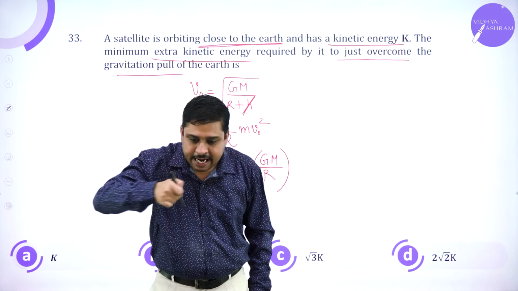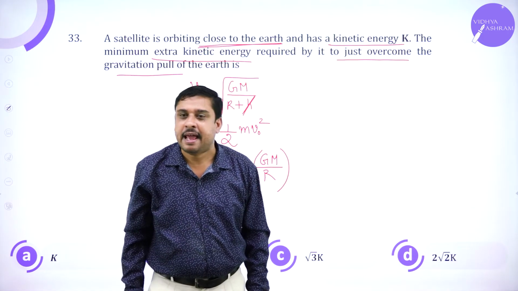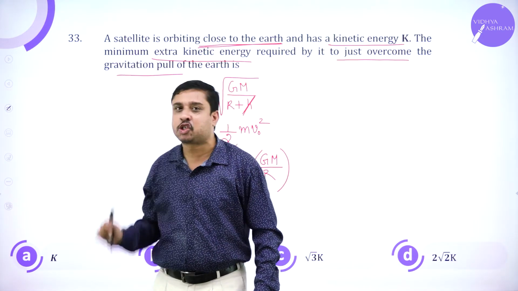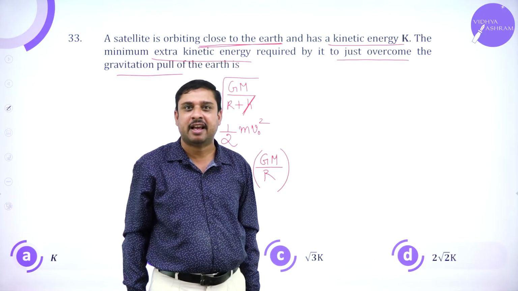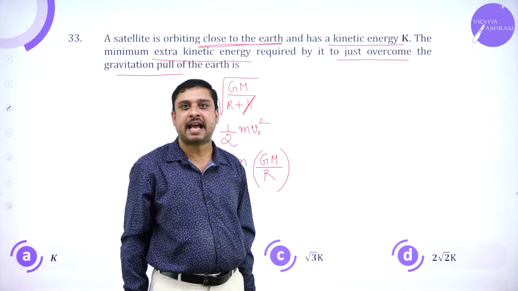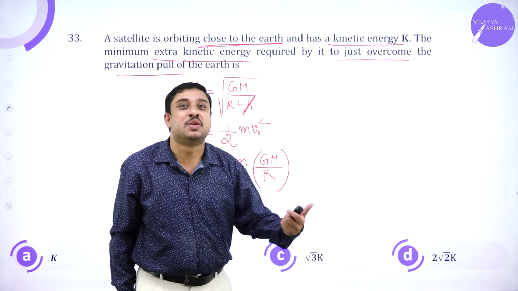Now, it is orbiting close to the earth. I have to calculate the extra kinetic energy required by the satellite to overcome the gravitational pull.